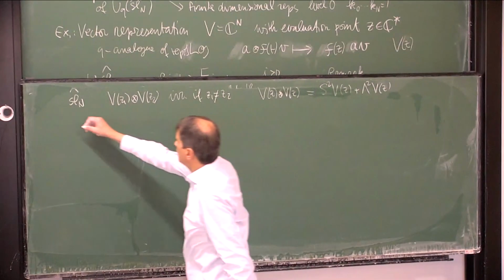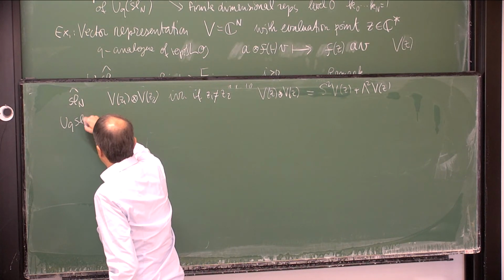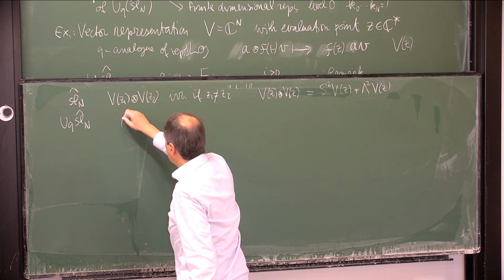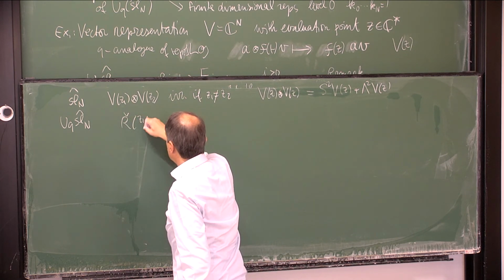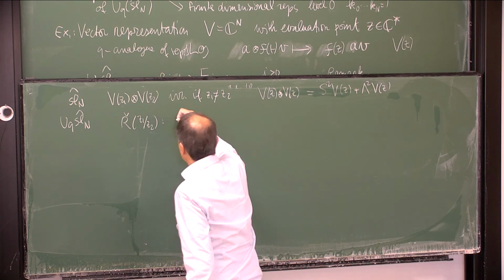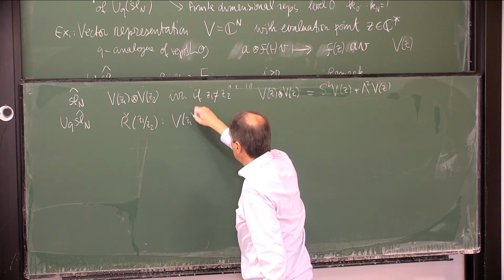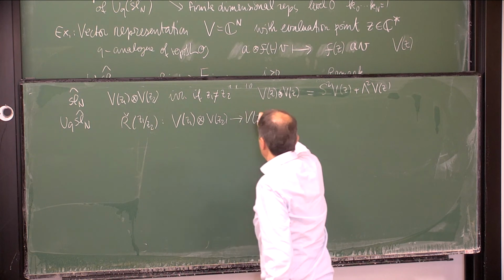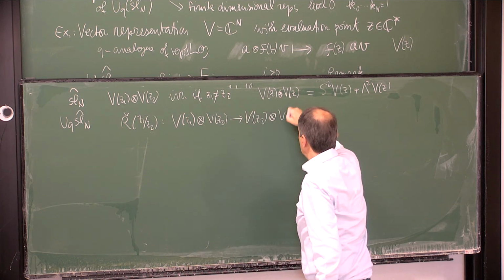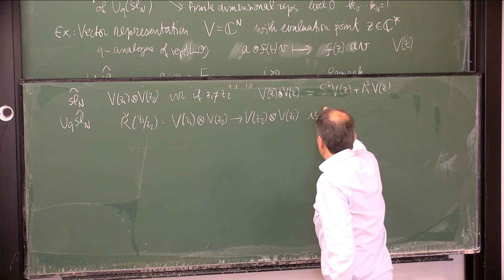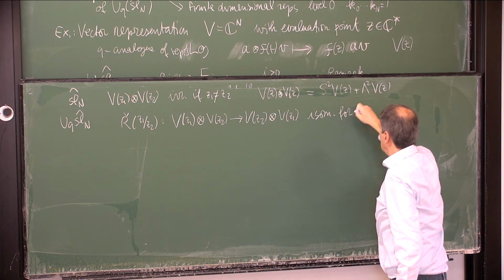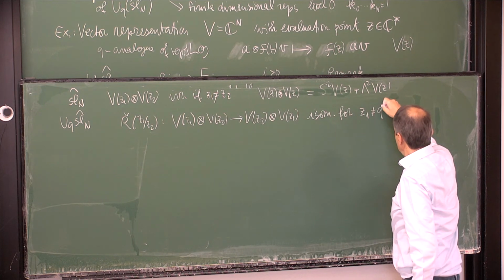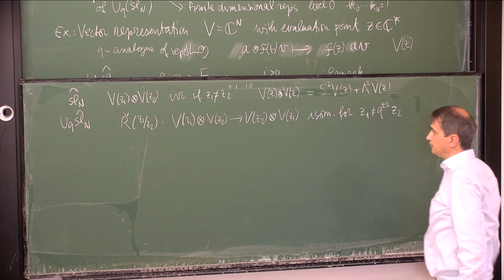so now in U_q of SLN hat, you usually have that R hat of Z1 over Z2 is usually an isomorphism for Z1 different from Z2.